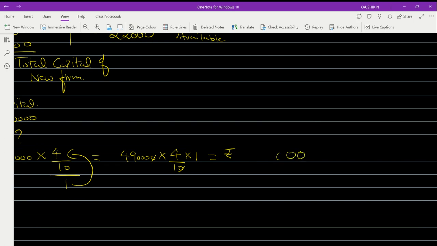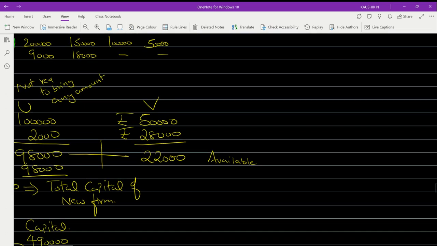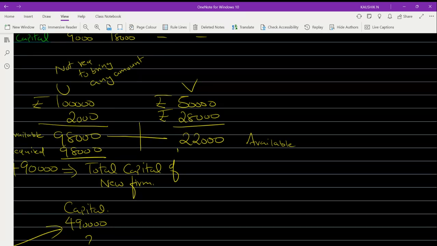400, 400, 400. 9 fours are 36, 3. 4 fours are 16, 17, 18, 19. So the required amount is 1 lakh 96,000. Okay, 1 lakh 96,000 required for V. Now tell me, is the available amount sufficient or insufficient?